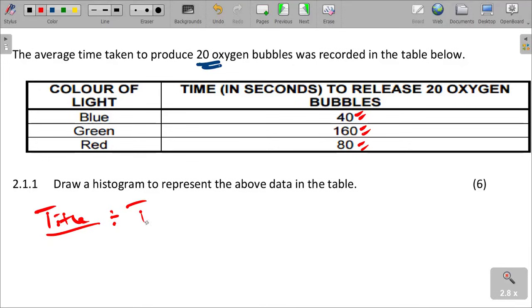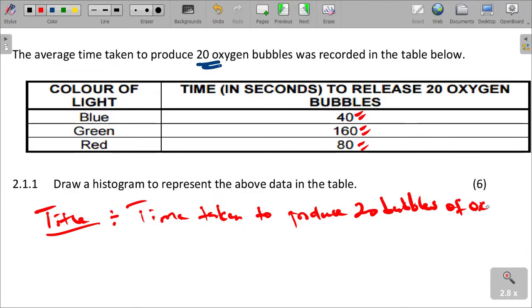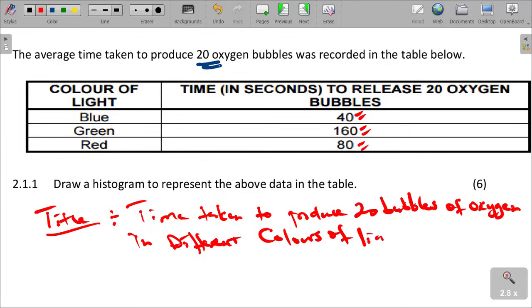You can say: time taken to produce 20 bubbles of oxygen in different colors of light. So that is the title.